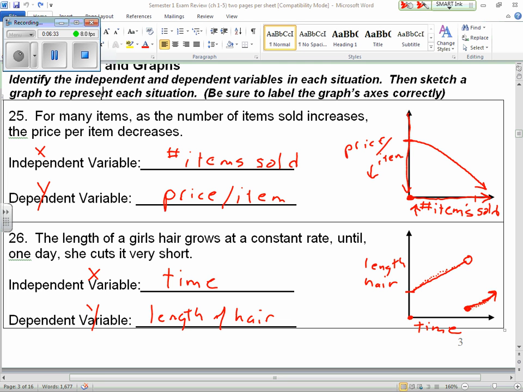It's going to be continuous, it's not going to be discrete. But that's kind of what the graph might end up looking like as far as the length of her hair. It might have started out at 4 inches, and then over time it got to a length of 8 inches, and then she decided to cut it down to 2 inches. That may have been over a 6-month period of time. Just an idea.